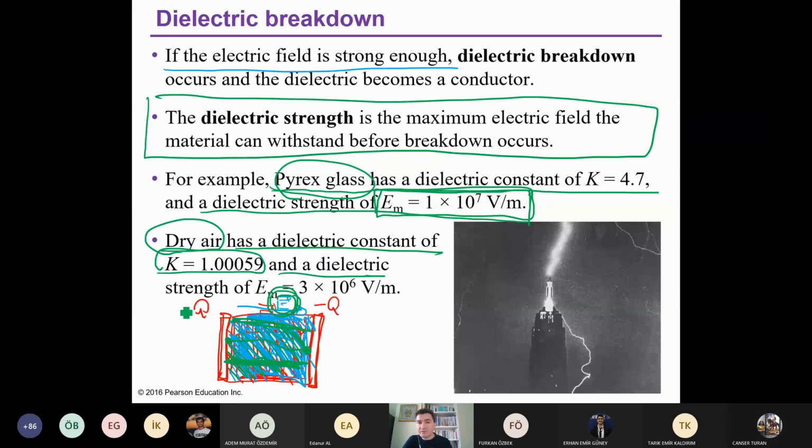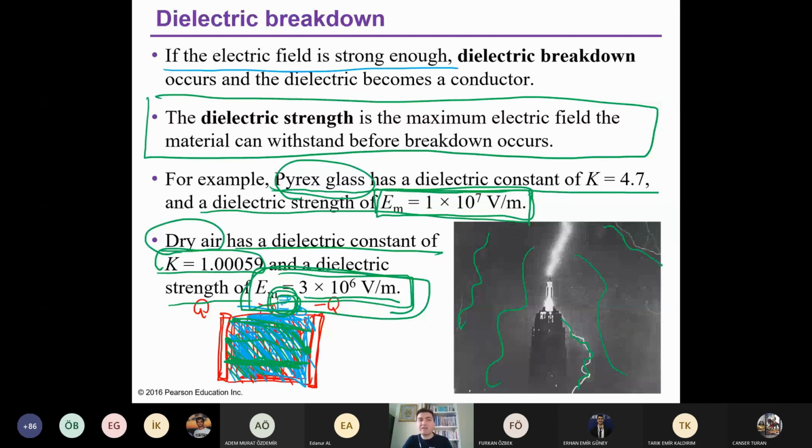But sometimes this electric field becomes much stronger than this value, then the air becomes a conductor, and then you can see these lights. Air conducts electricity if a dielectric breakdown occurs. I hope this is clear.